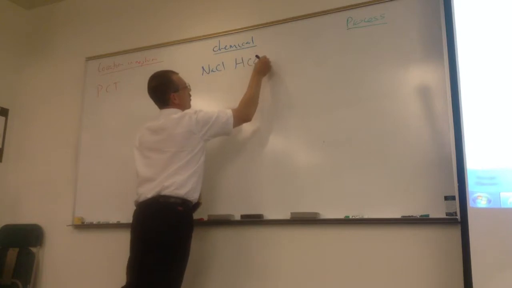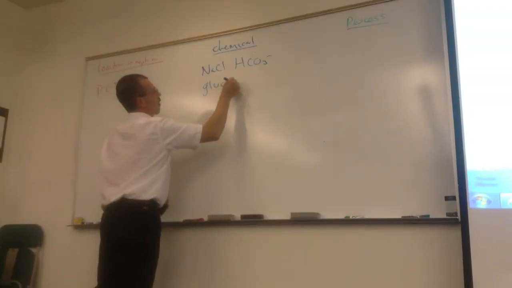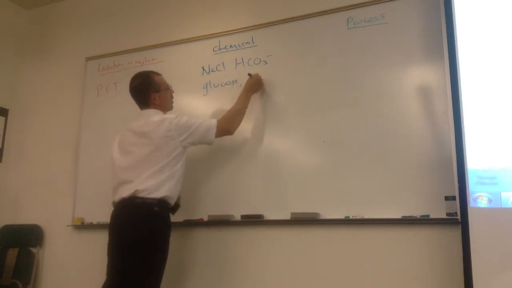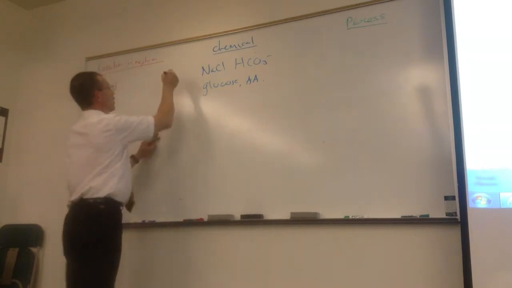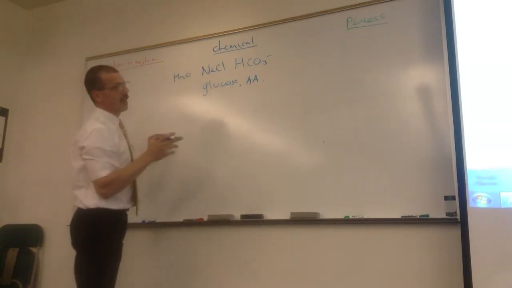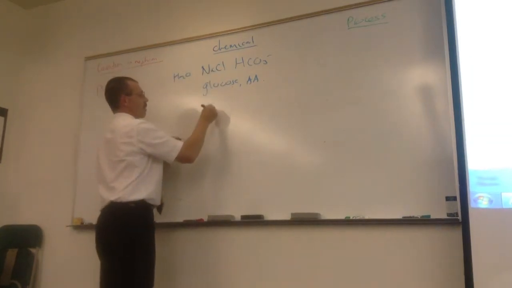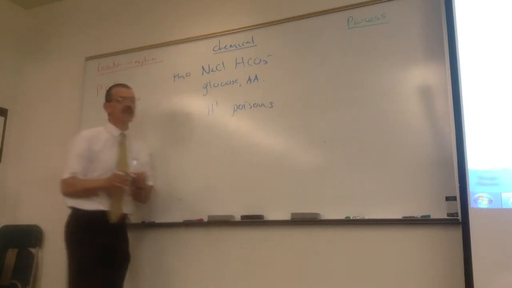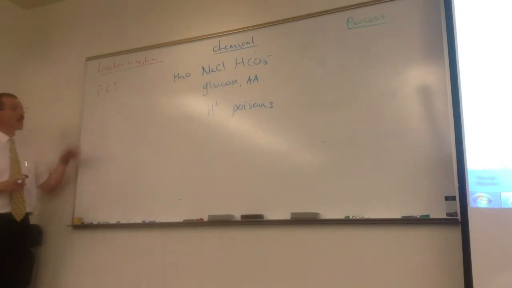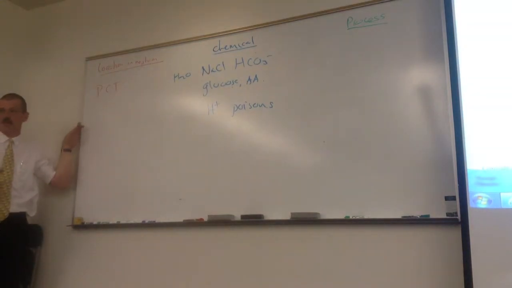Bicarbonate, HCO3 minus, and glucose and amino acids. There's also H2O, and there's some poison, which is always ambiguous, and some H+. So here's a listing of chemicals that my nephron is going to deal with in my PCT.